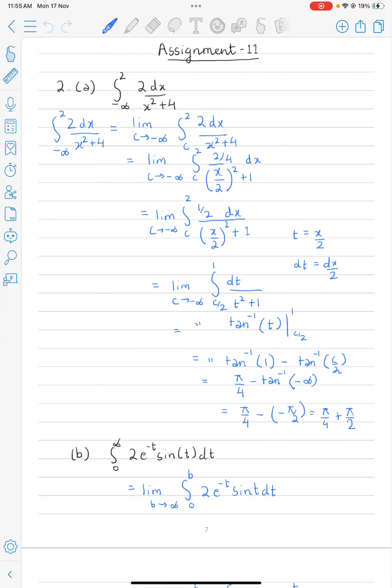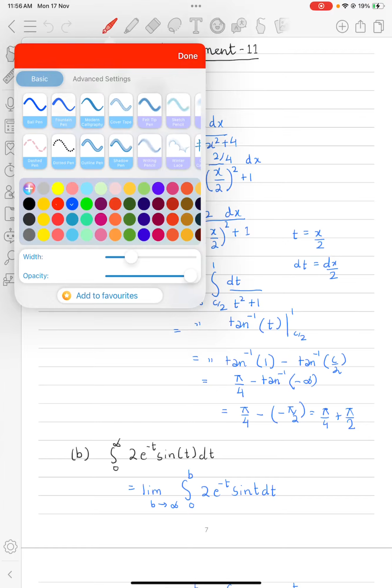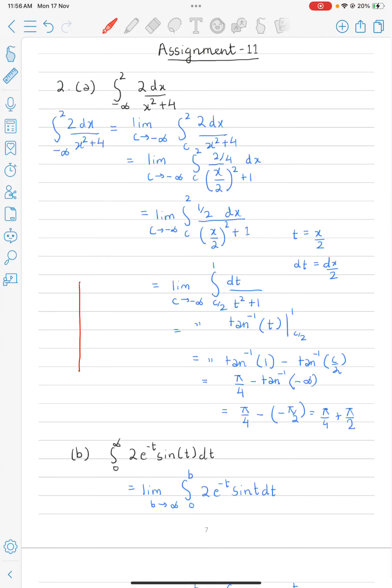Just let me draw the picture of tan. Something like this, right? At pi by 2, it is going to infinite.